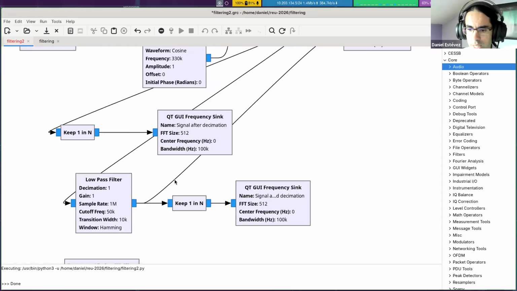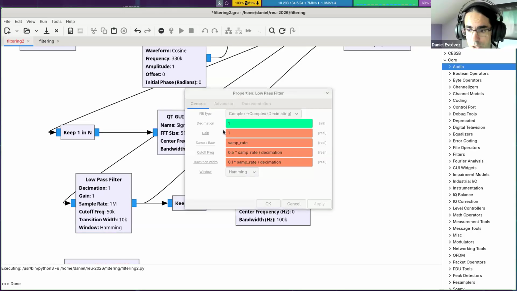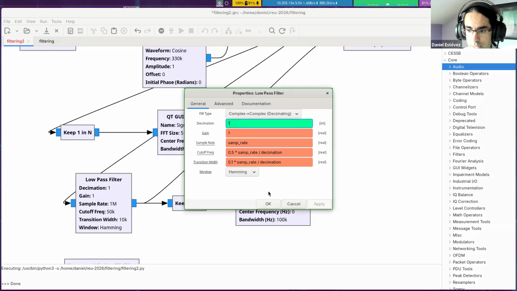But what happens under the hood is not the same, because when I have the blocks separated, this block is computing 1 million samples per second, and then this block is keeping 1 sample in every 10 and throwing away the remaining 9. So there's an advantage to setting the decimation here, which is that this block will not compute the samples that do not need to be in the output.